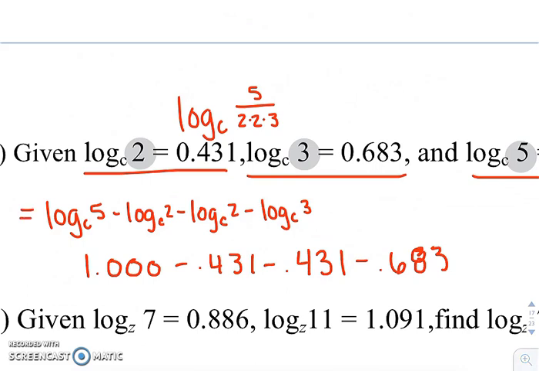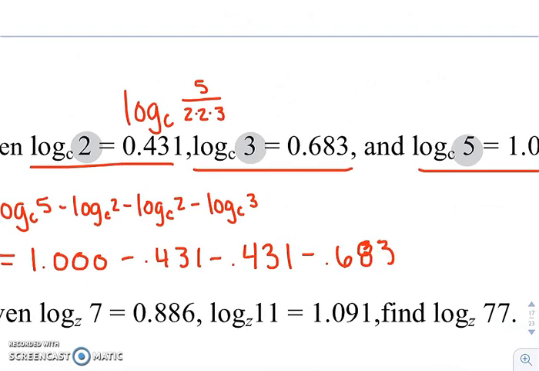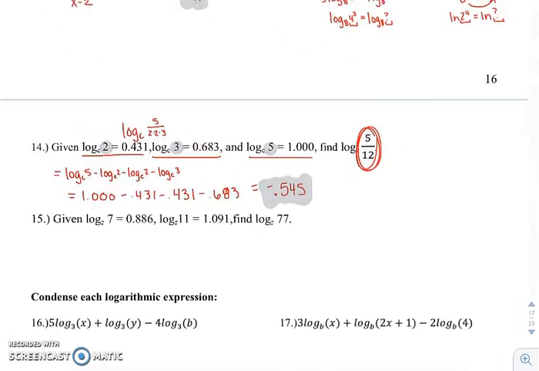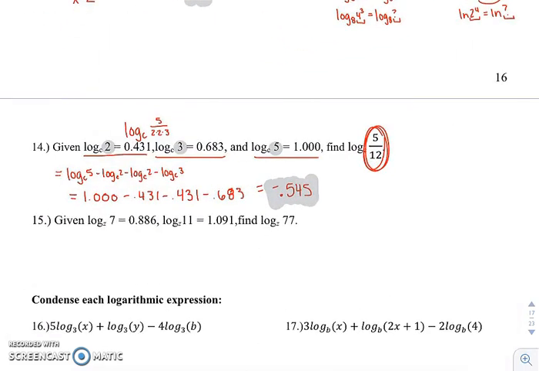So once you add and subtract those all together, we get a value of negative 0.545. So it's kind of weird that it gives us number values, but it's good practice to continue using those properties. So why don't you guys try 15?